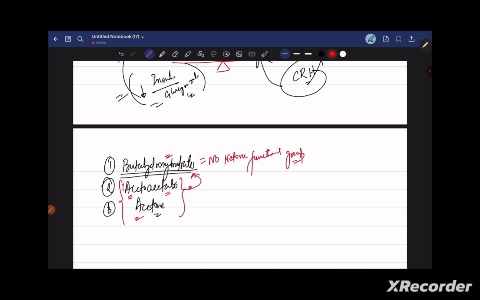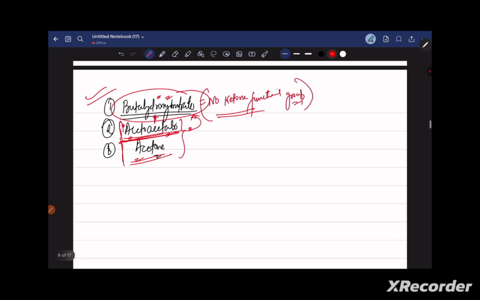So when determining the concentration of acetoacetate, we indirectly determine the concentration of beta hydroxybutyrate. From an examination point of view, using the nitroprusside test kits, you determine only acetoacetate and acetone, not beta hydroxybutyrate, because it contains no ketone functional group.